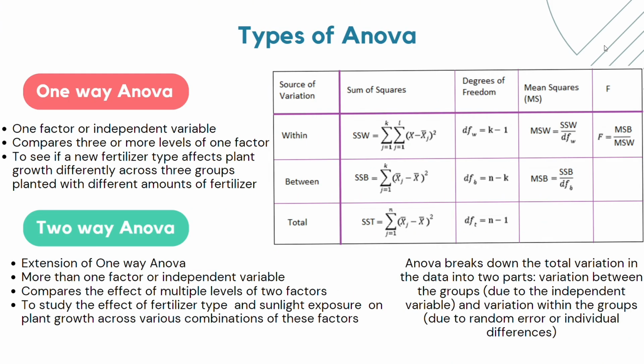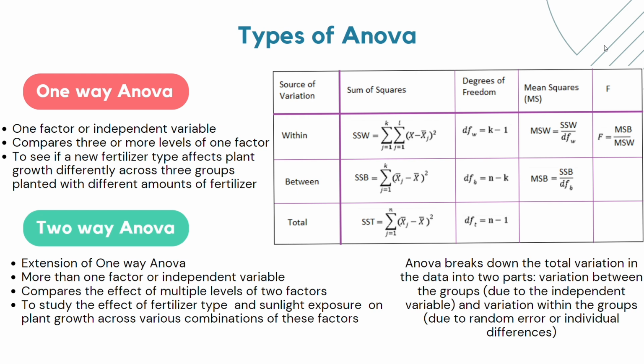One-way ANOVA contains one factor or independent variable. It compares three or more levels of one factor. It is used to see if a new fertilizer type affects plant growth differently across three groups planted with different amounts of fertilizers. Two-way ANOVA is an extension of one-way ANOVA.